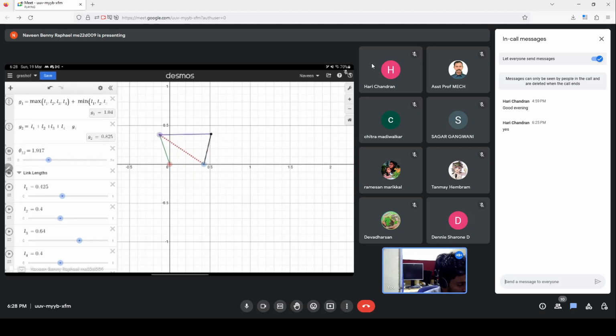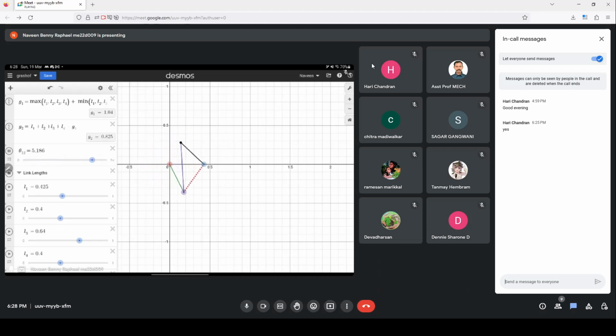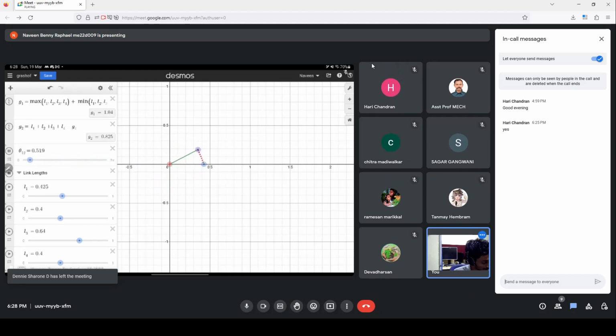As you see here, right now the sum of the max and min is greater than the sum of the other two links. The calculations end up correct, and what happens is, for this range of thetas, no arrangement of the theta is possible.